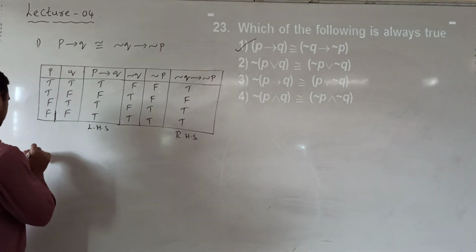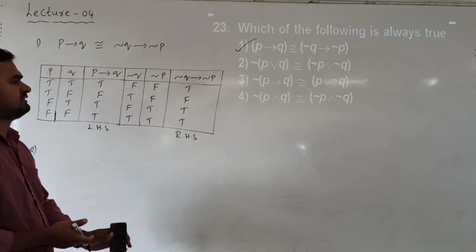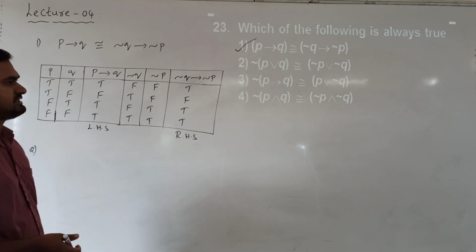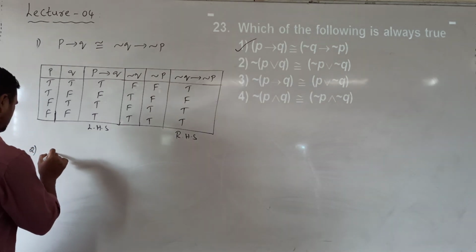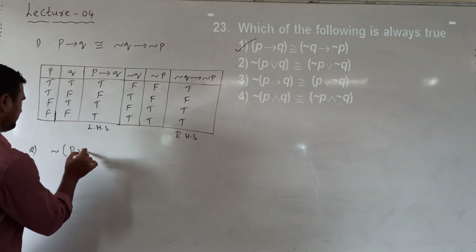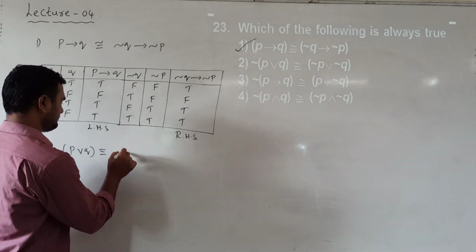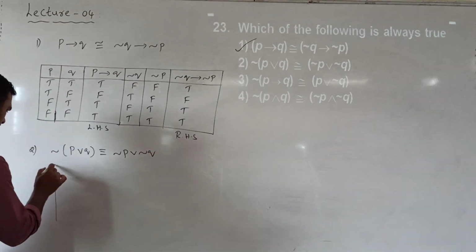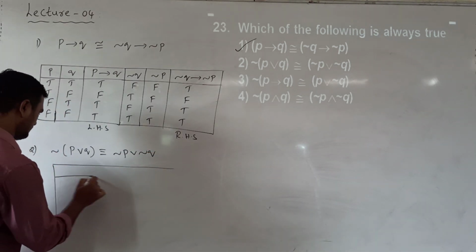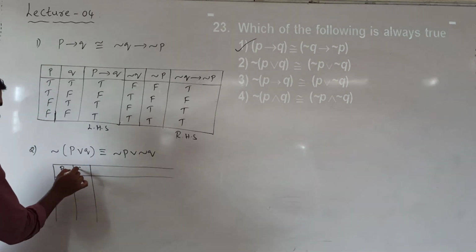So the second option: negation of (P or Q) is logically equivalent to negation P or negation Q. Let us take simple statements.